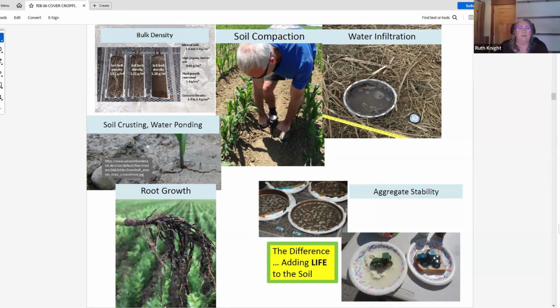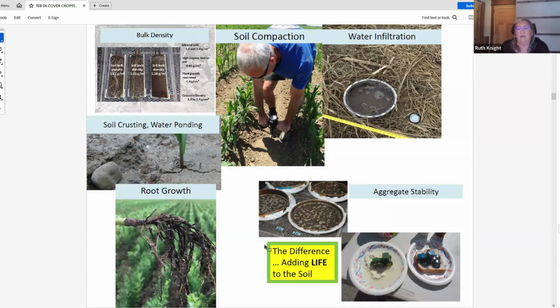impacting bulk density, soil crust and water ponding. That's with the absence of plant material there to help break the impact of rain and the fine particles being washed away by wind and water erosion, helping root growth and the diversity of root growth that we can integrate with various species of cover crop choices, aggregate stability, and it's been repeated over and over again that the difference in terms of aggregate stability and keeping the soil together is adding life to the soil.